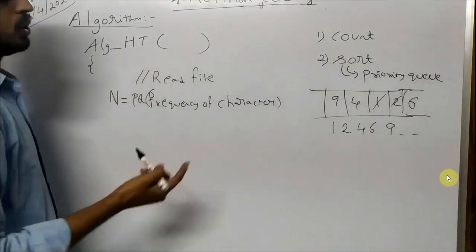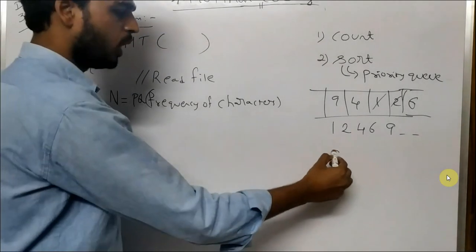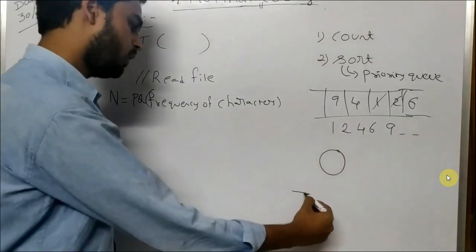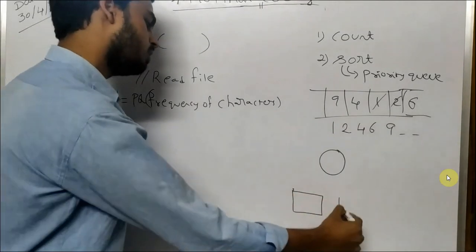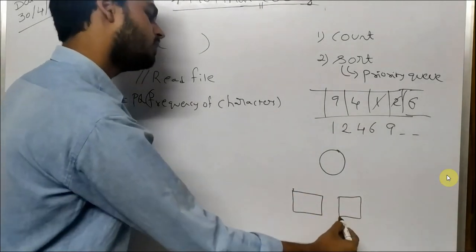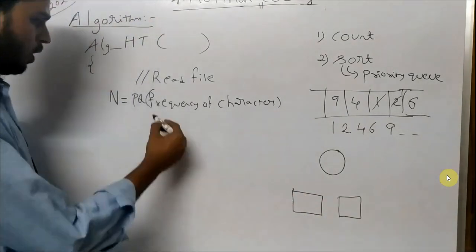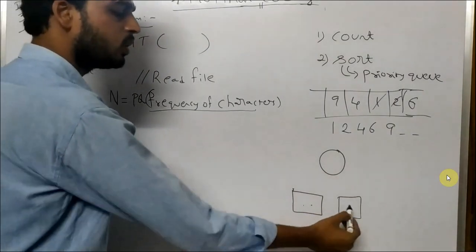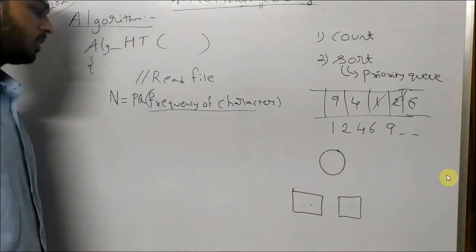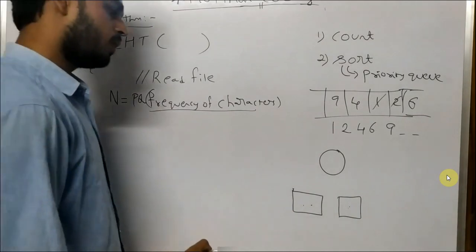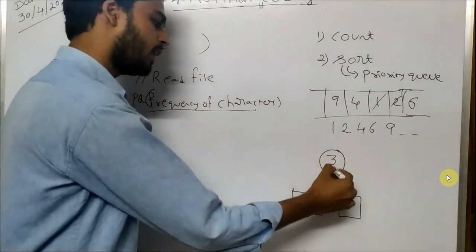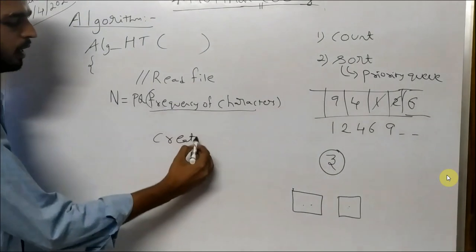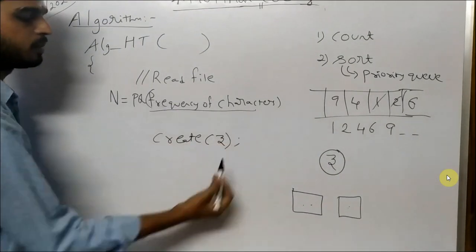Okay, fine. So in the first step, we are going to create a node, and we are going to take the least frequency characters. From this priority queue, I am going to take the first two least frequency characters, and I am going to create a node named z.